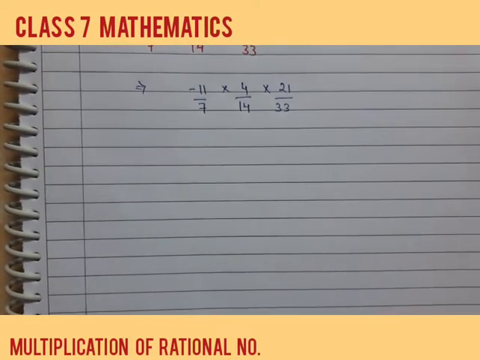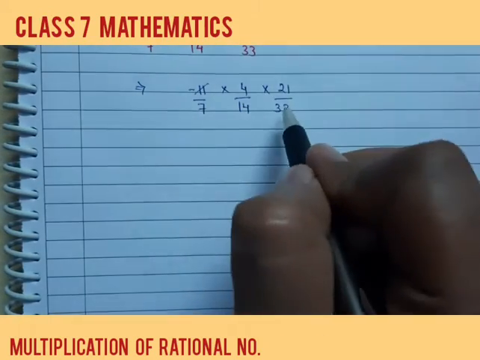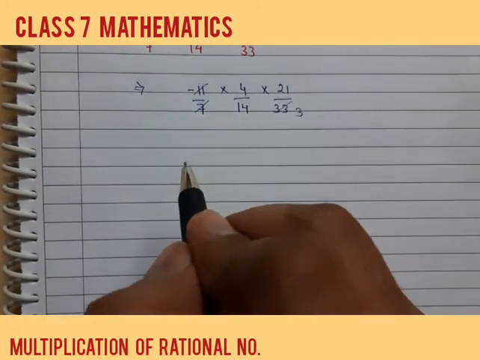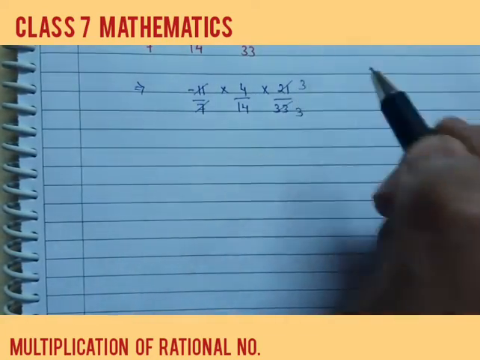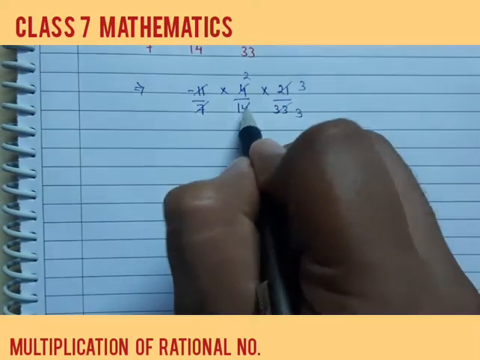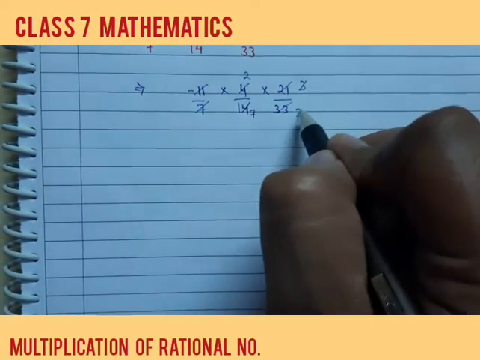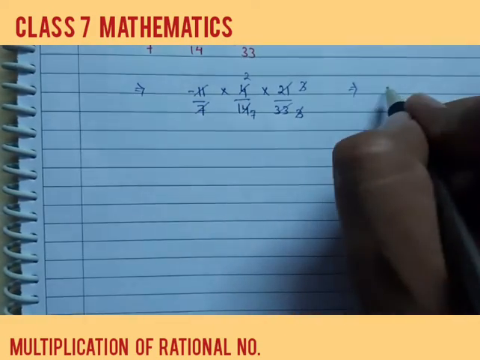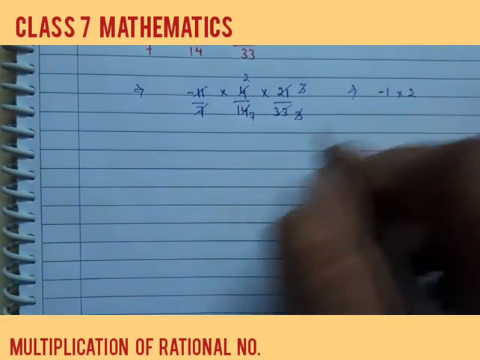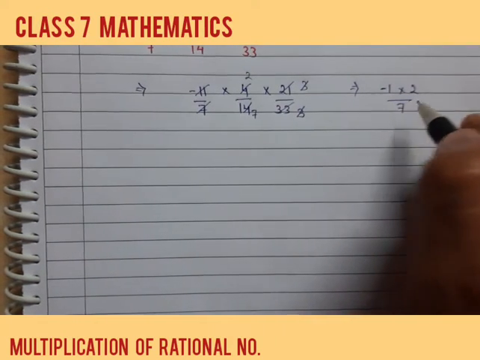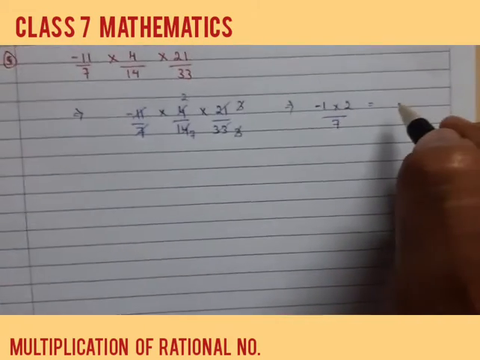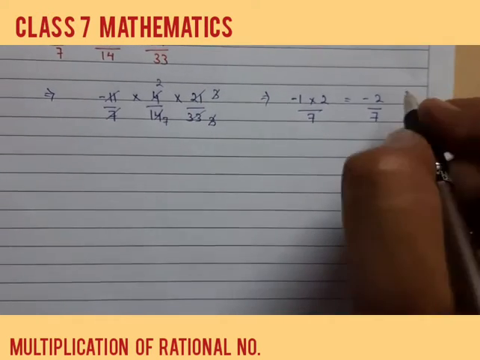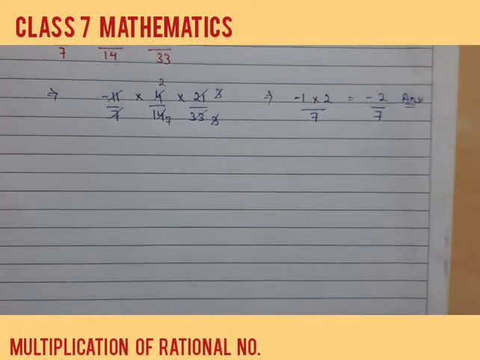There are many numbers like 11 into 1, 11, 11 into 3, 33. 7 into 1, 7, and 7 into 3 is what? 21. 2 into 2 is 4, and 2 into 7 is 14. This 3 and this 3 will also be striked off. So we are left with what? Minus 1 into 2, minus 1 into 2 upon 7. So our final answer will be minus 2 upon 7. This will be the final answer.